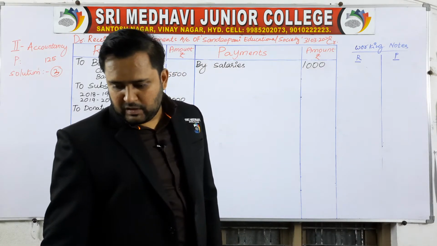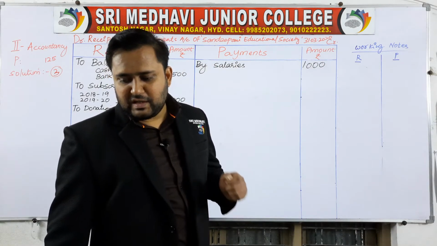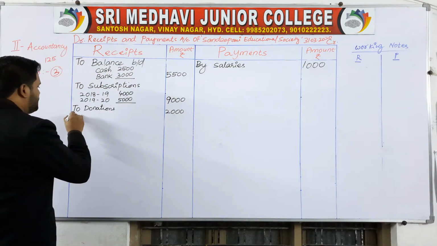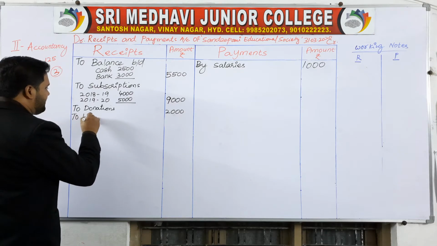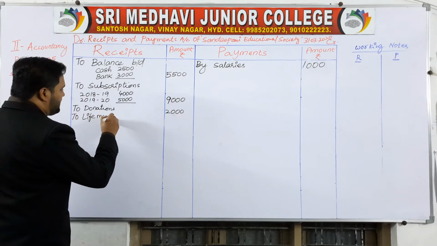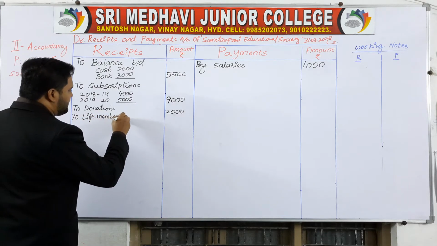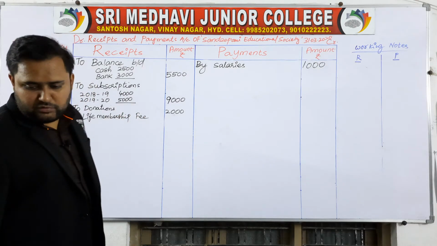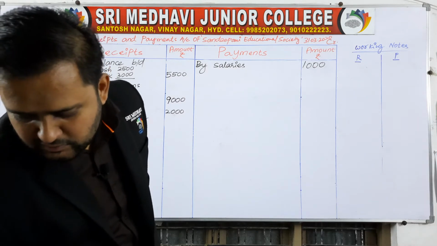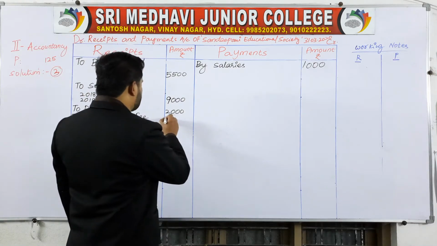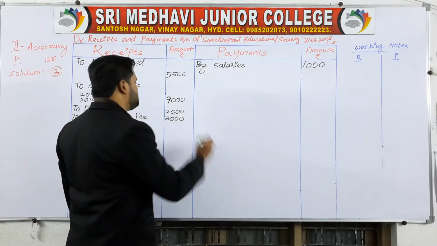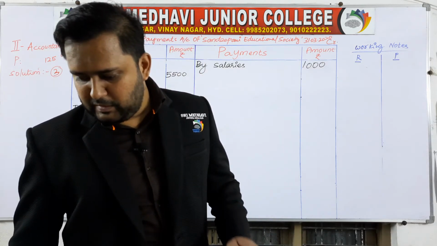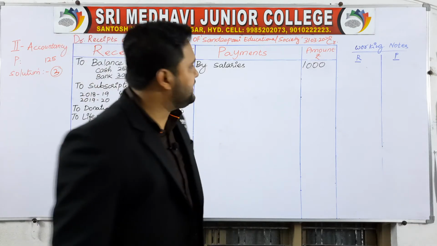Next, life membership fee received, 3000 rupees. So you are receiving a life membership fee: to life membership fee 3000. Next, rent paid in advance 1500.